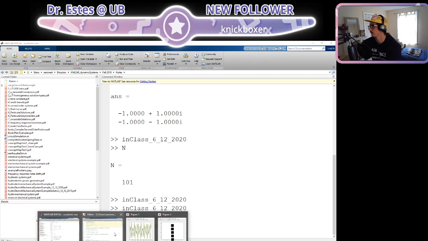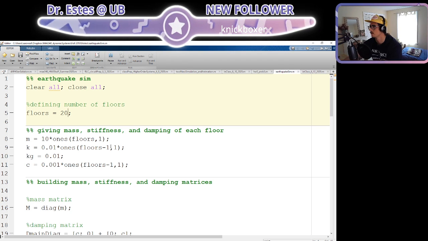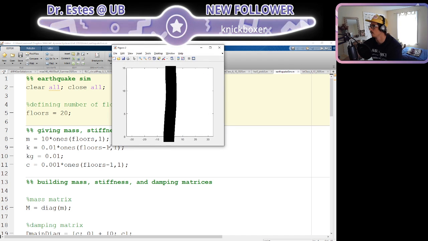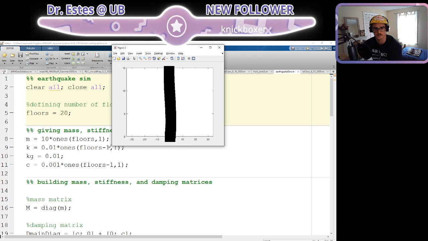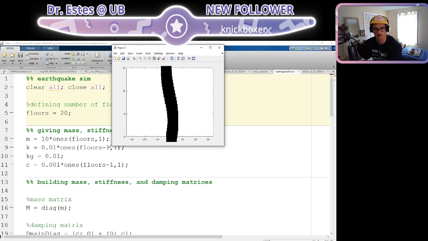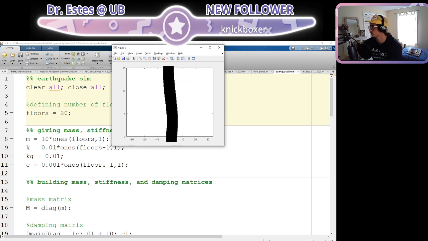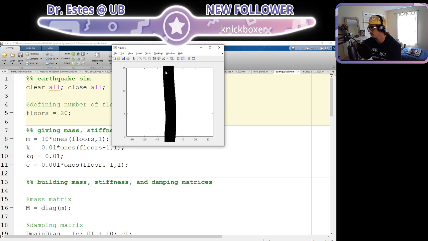Okay, but we could make it 20 floors. Oh, now it's looking a little more like continuous, right? This is more a jellyfish of a building, but this is how we model buildings. We just make them probably a little more stiff.